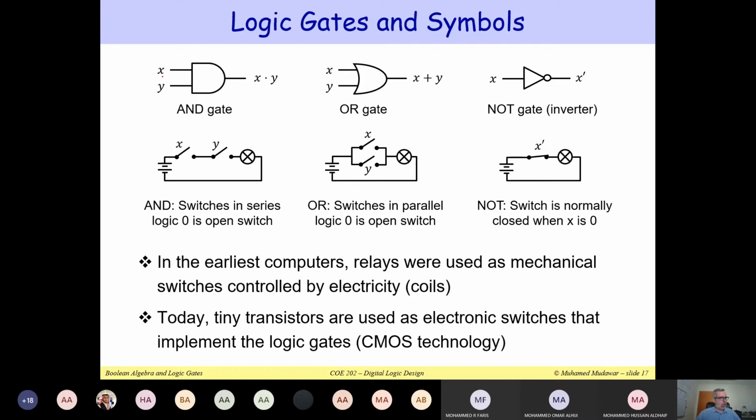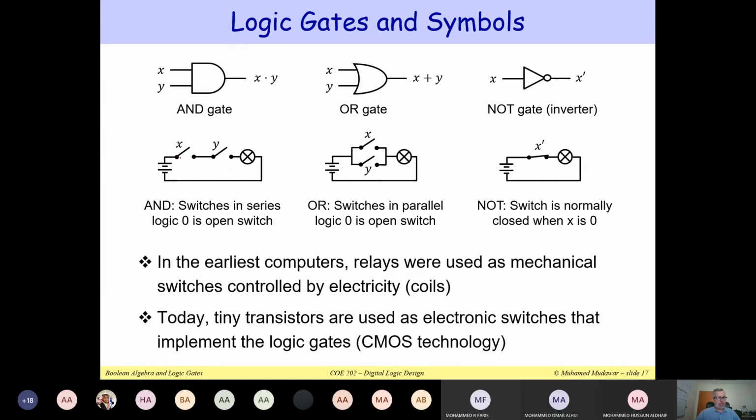So this will be logic 1. By applying a certain voltage on the X input, you are closing the X switch. And by applying a certain voltage level on the Y input, you will close the Y switch.